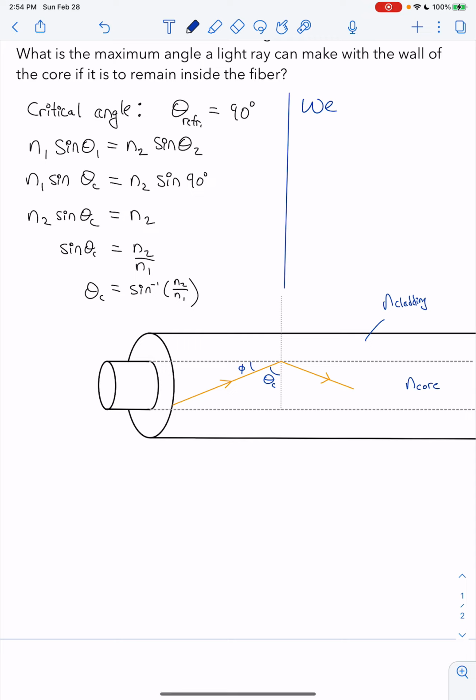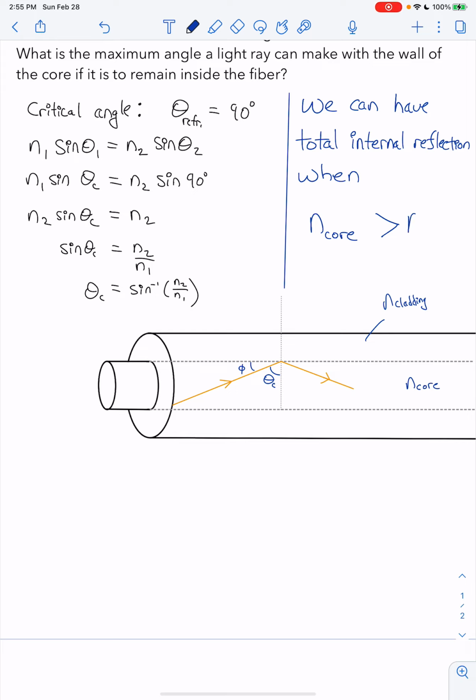So we can have total internal reflection when the index of the core is larger than the index of the cladding.